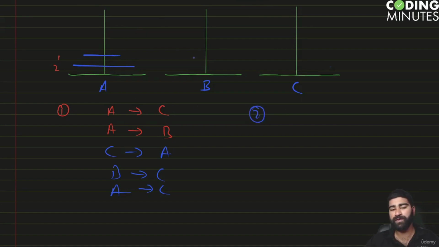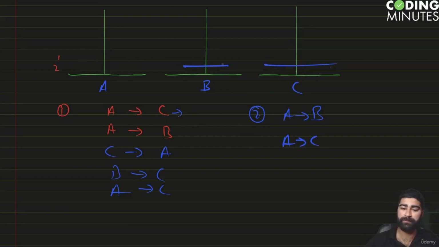So in the shortest way, what we can do is, instead of making A to C move, let's make A to B move first, right? So A to B, what happens? This shorter disk reaches B. Now let's move A to C. So the bigger disk is here now, and now let's move B to C. So B to C. So the shorter disk is on the top of C. So this is exactly what we want, right?